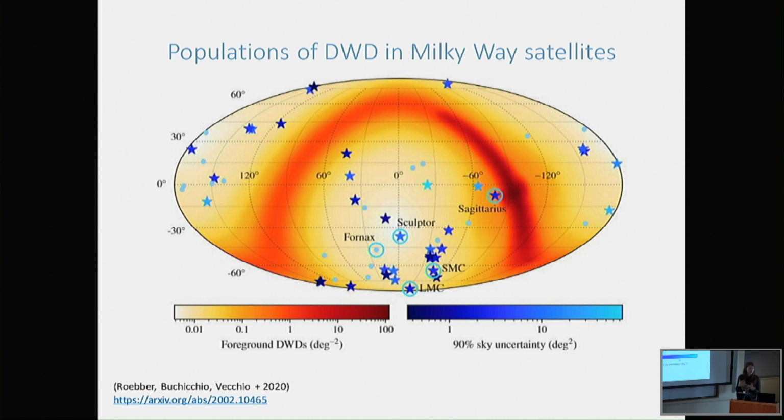I just used double white dwarfs because they are the most numerous. For example, there are a couple of recent works on binary neutron stars, and the predictions for the Magellanic Clouds are a few or something. So double white dwarfs will just overwhelm those rates.